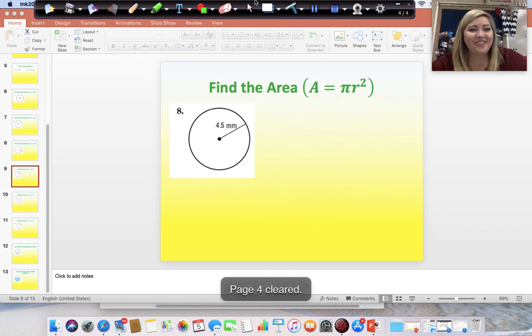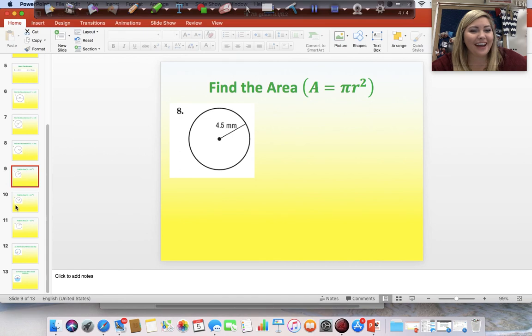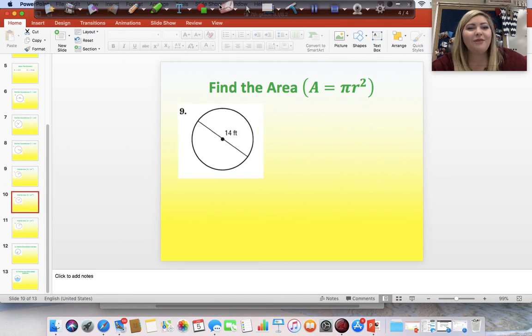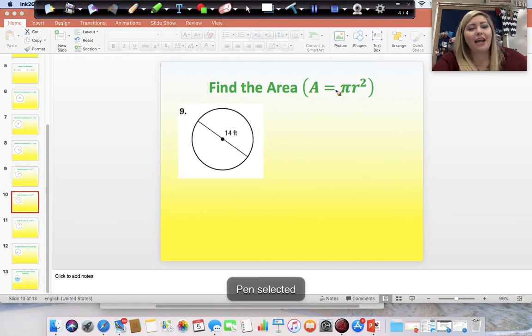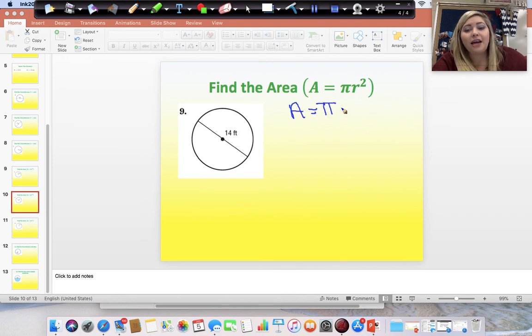Okay, so now we move on to our next problem. Now here is a problem where we have our diameter. For area, we need to multiply pi times the radius squared. So the first thing we need to do is find the radius for this circle. If the diameter is 14, then the radius is half of that, or 14 divided by 2, which is 7.